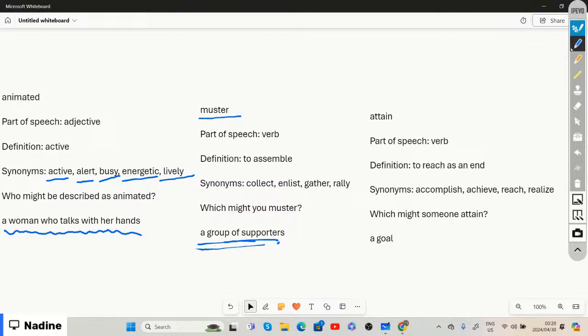And now we can say, which might someone attain? Like a goal that they have been looking forward to. So we can say a goal from either a soccer game or a football game. So we can say a goal, right?